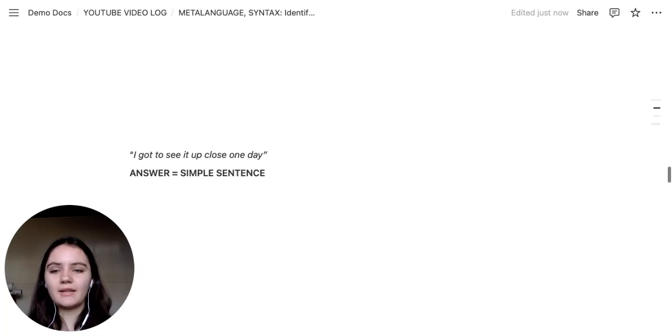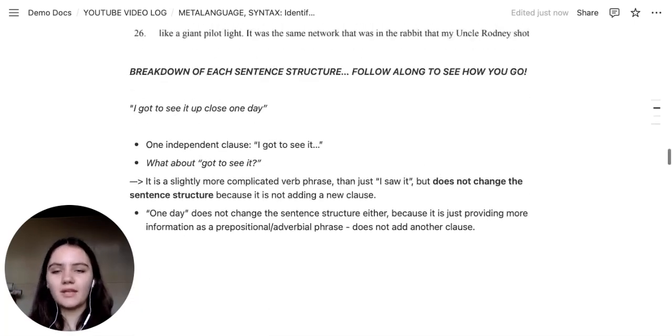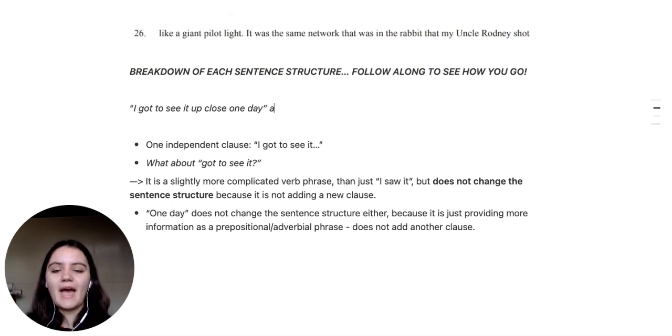I really want to highlight to you guys that even if you have a sentence that is relatively long, it can still be just a simple sentence if you don't have conjunctions or commas creating a new clause. For example, you could say one day, you could add in at the market, by the fish stand.